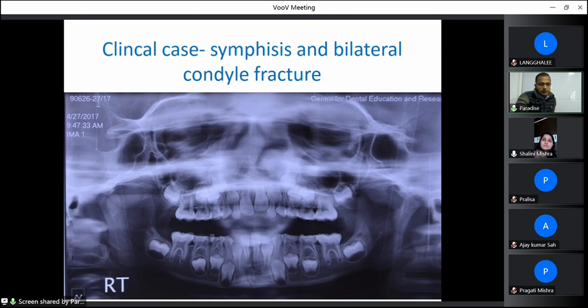Symphysis fracture is there, yes. Symphysis fracture, yes. Yeah, this is a radiolucent line.